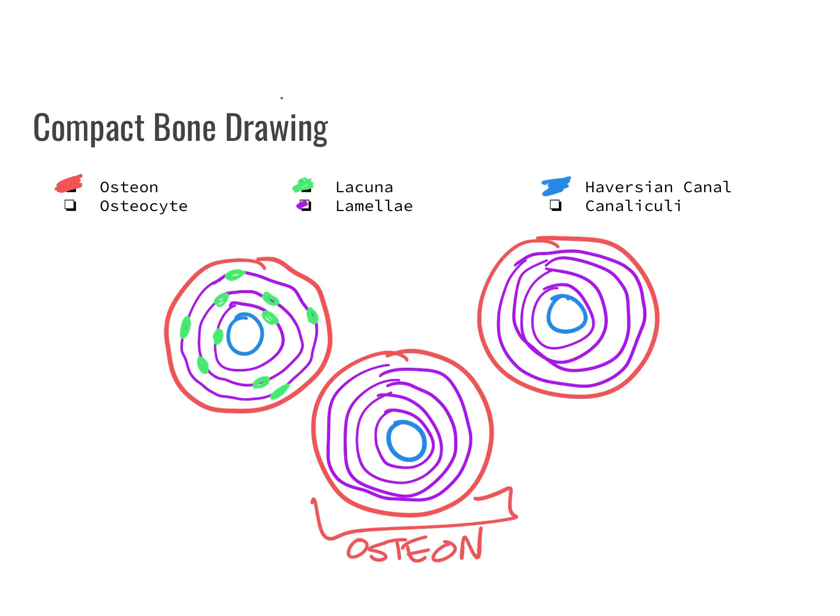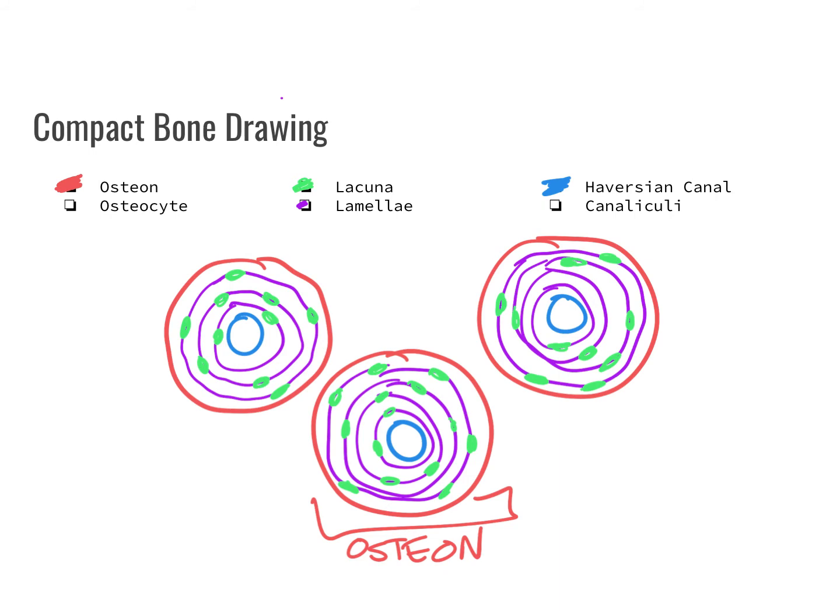They're arranged in these little concentric circles. So put some of those throughout your lamellae. These are the lacuna. If you're in Notability, you could even copy and paste one osteon if you want, so you don't have to do it every time. Okay, so there's my lacuna.